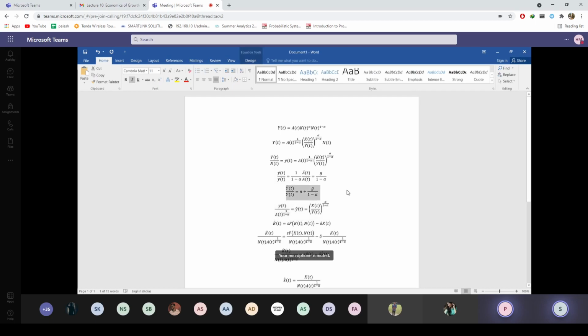I know the rate of growth of output at the steady state in this kind of production function is n plus g divided by 1 minus alpha. That means I have to define a variable from here.